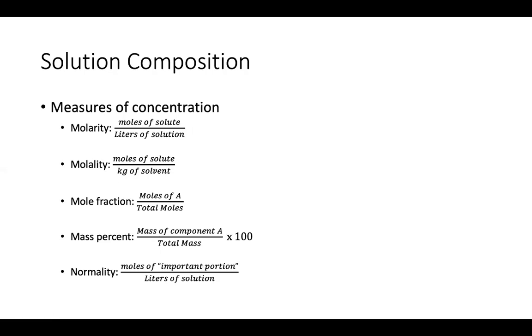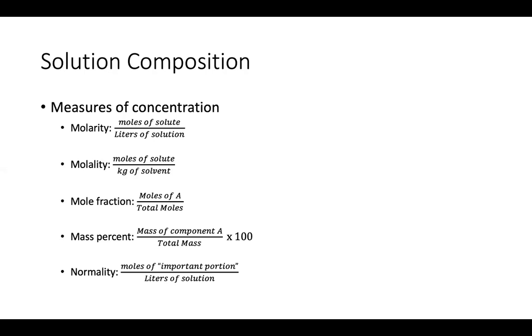The best example of where you see normality is in acids. When you're dealing with acids, you don't actually care about the entire acid. The only portion you care about is how much H+ you have. Sulfuric acid is an example where you'll see normality a fair amount.